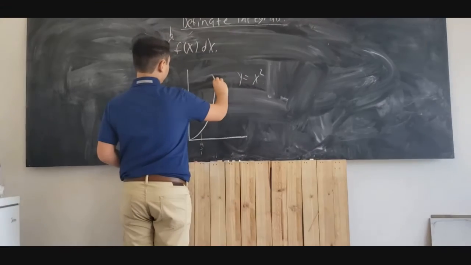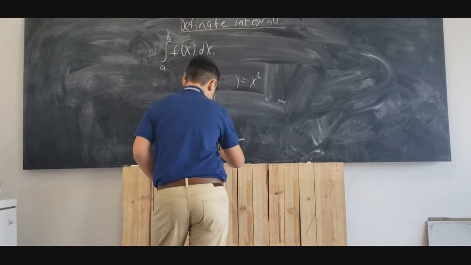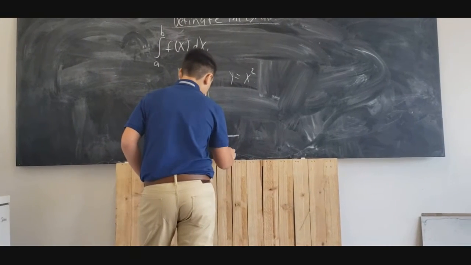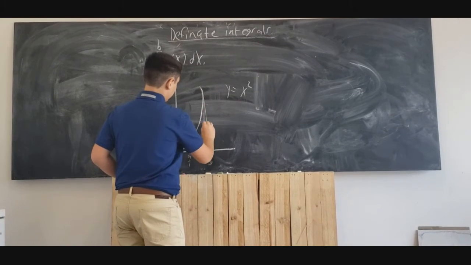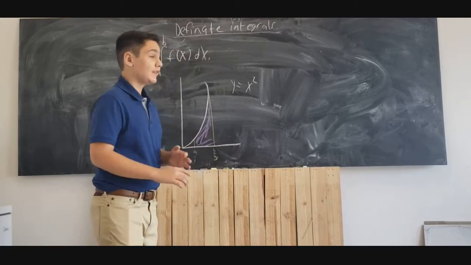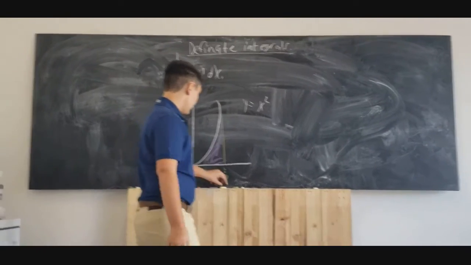And then let's call another point here, B, and B is equal to 3. So what you're doing is finding the area under the curve from A to B. That's what this notation means.